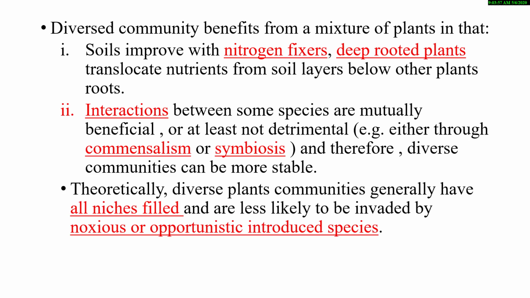It also helps interactions. Interactions between some species are mutually beneficial, or at least not detrimental. We have associations such as commensalism, symbiotic association. When there's such association, it gives the community a form of resilience, stability.